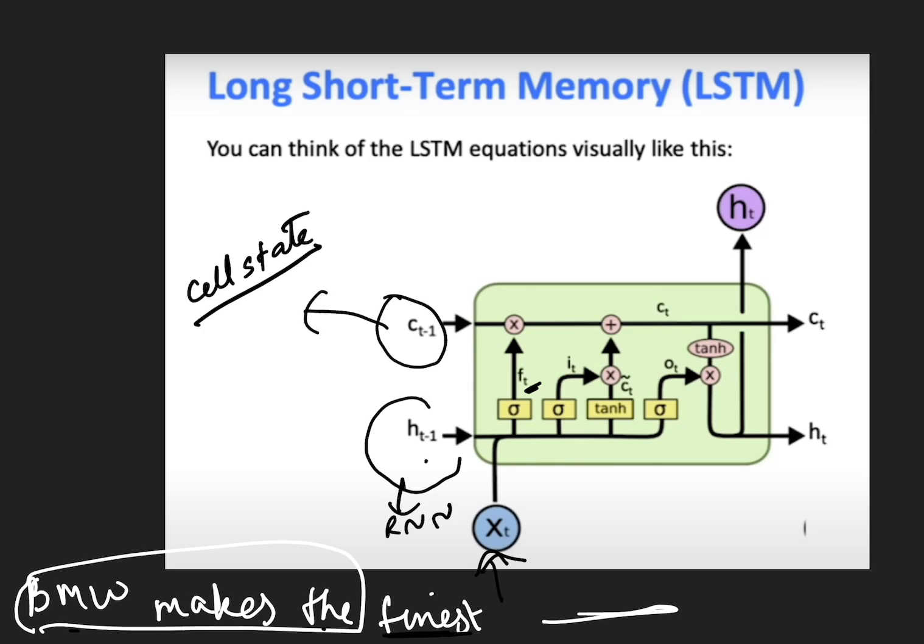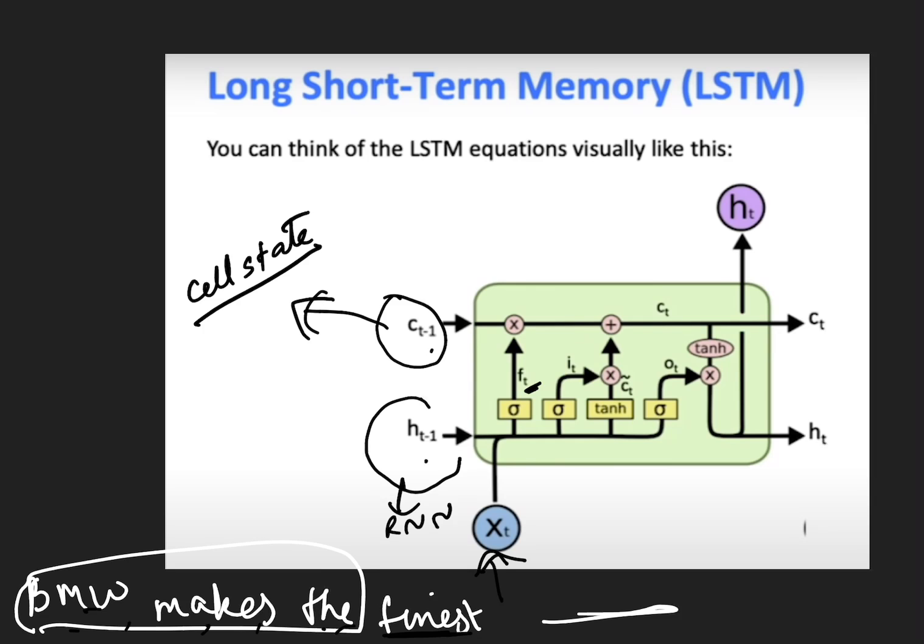But in an LSTM, the information that these three words, BMW makes the, carry is actually stored in my cell state. The condensed information about these three words is stored in my cell state.